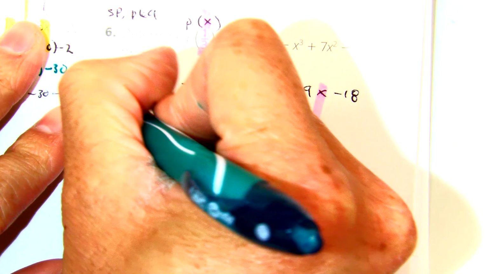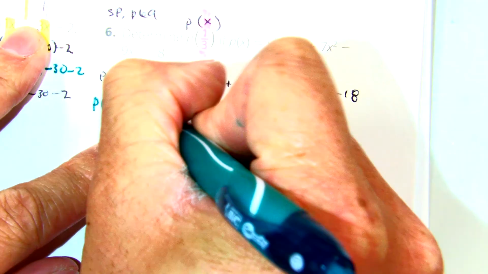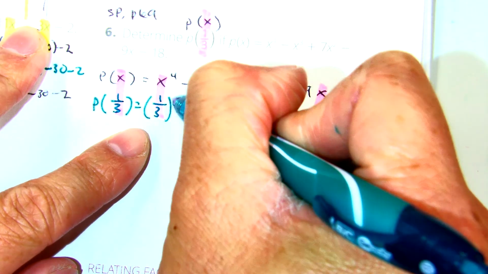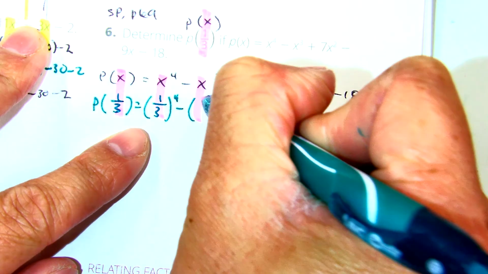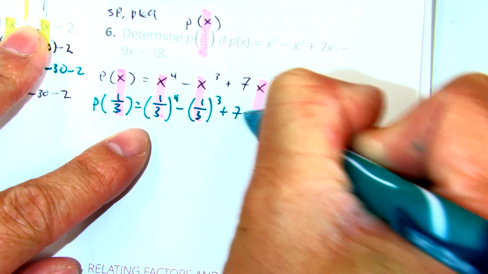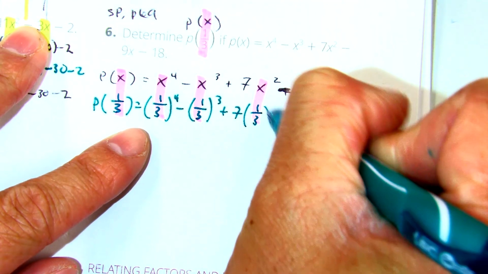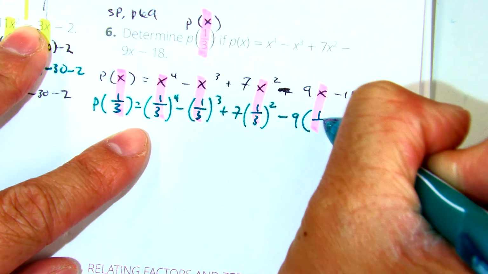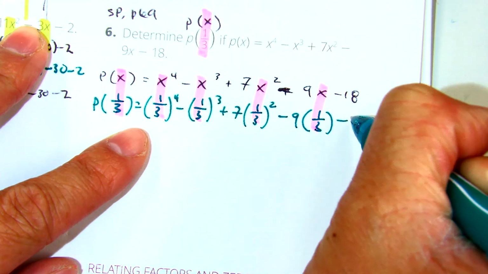So p of 1/3 equals 1/3 to the 4th power minus 1/3 to the 3rd power plus 7 times 1/3 to the 2nd power minus 9 times 1/3 minus 18.